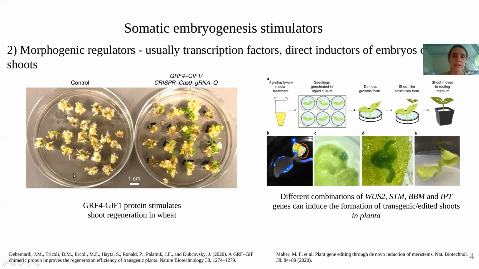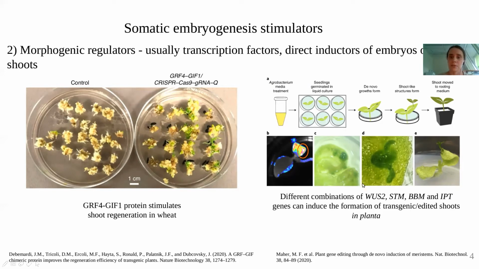For example, here you can see the GRF-GIF1 dimer and its effect on shoot regeneration. When you transform the explants with a construction containing the GRF-GIF dimer, such calli can regenerate more effectively.